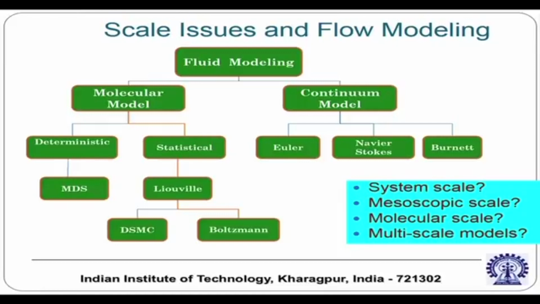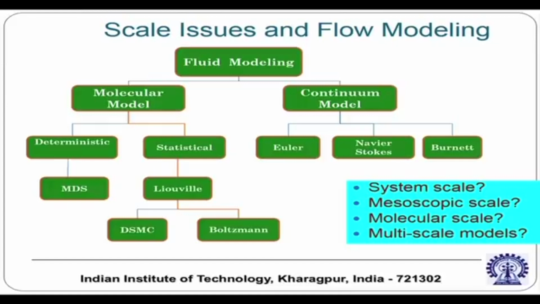So, which modeling strategy should one use? Ideally there is no rigid answer to this particular question, it depends on several other questions. For example, what is the system scale, what is the molecular scale, what is the mesoscopic scale. Everybody knows what the molecular scale is, but the question is whether capturing the phenomena over the molecular scale is important to capture the physics of the problem.